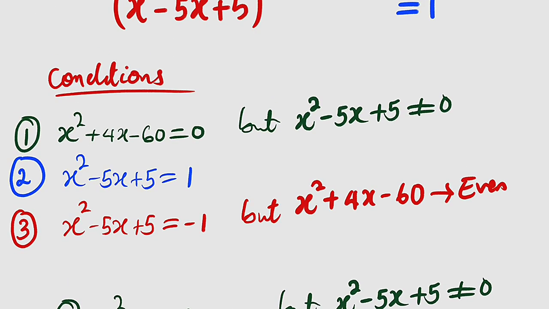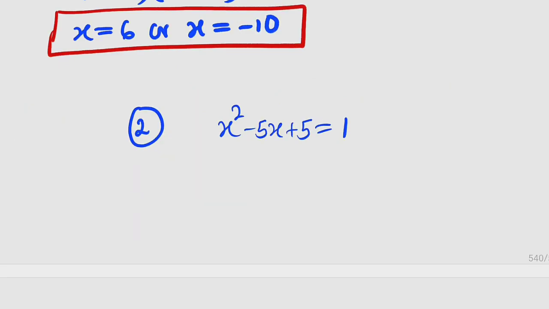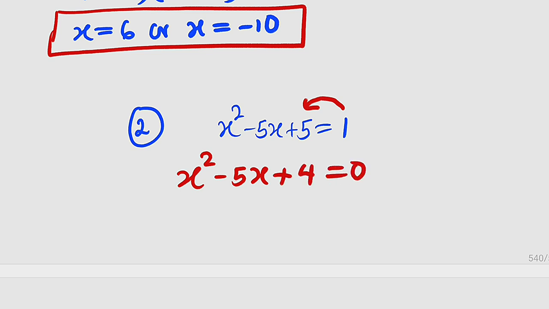Second condition is when the base is equal to 1. So when the base is equal to 1, we are going to take this 1 to the left hand side. We have x squared minus 5x. As 1 crosses over, it becomes negative. We have 5 minus 1, which is 4, and this is equal to 0.